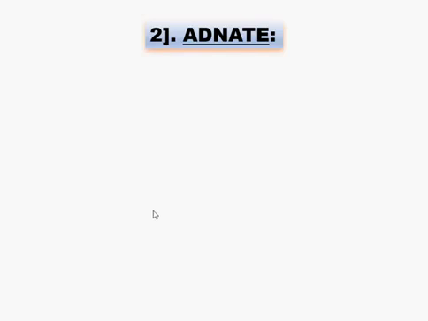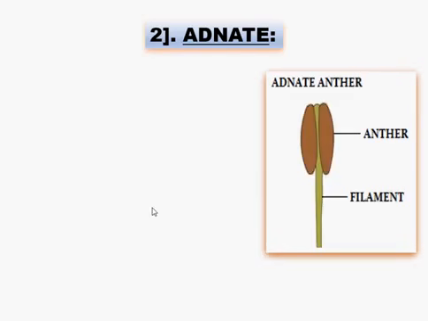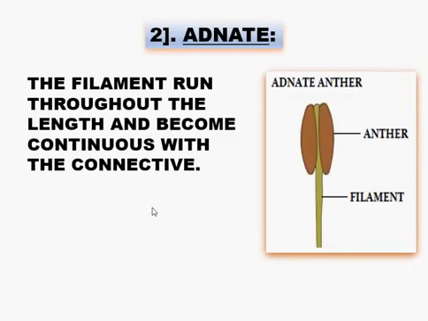Adnate anther. The filament runs throughout the length and becomes continuous with the connective. Such fixation is called adnate, and such anthers are called adnate anthers. So here is the photograph. This is a stamen, again anther and filament.